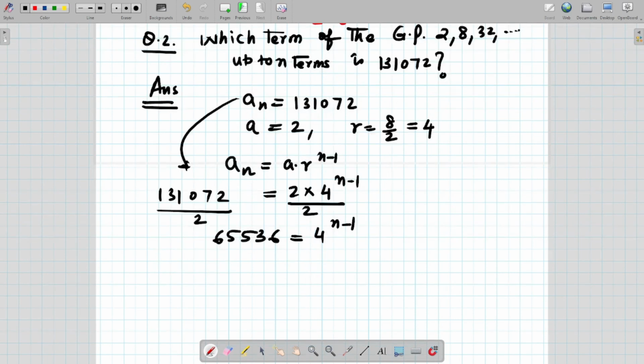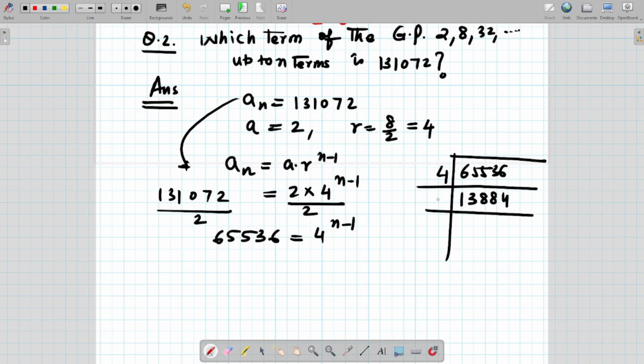So you can try dividing by 4 and keep dividing by 4 until you really get what is your power. So for example, 65536. Keep doing like this. Right, like that you can keep on doing this exercise.